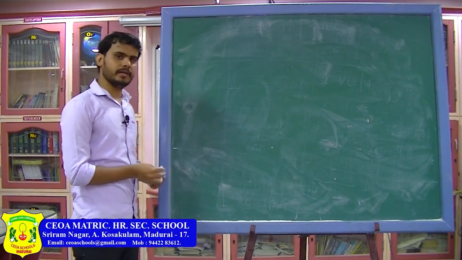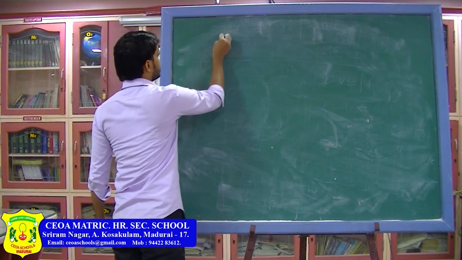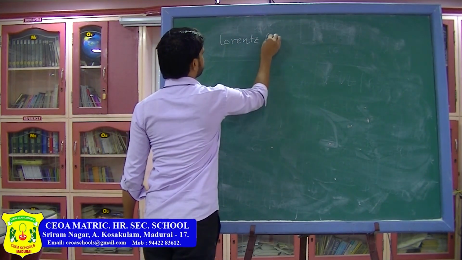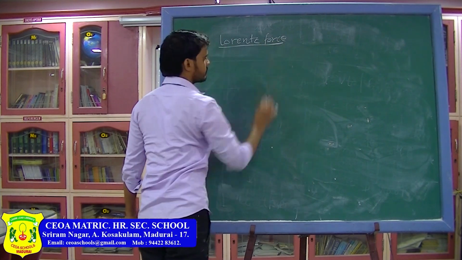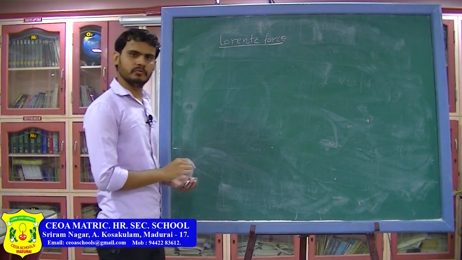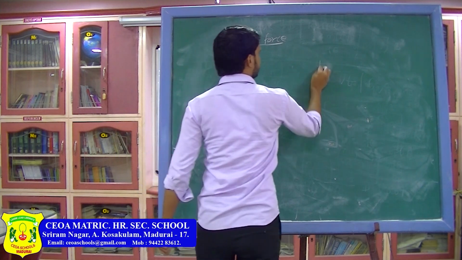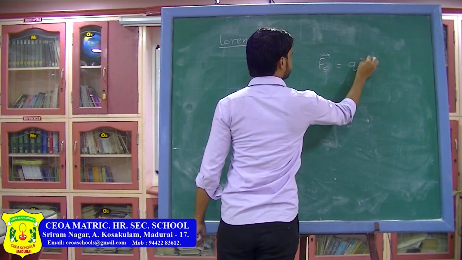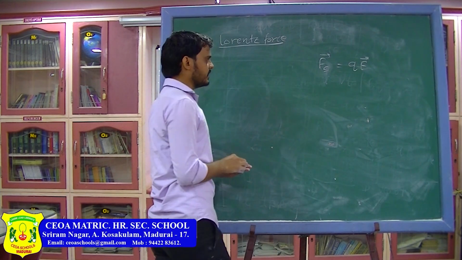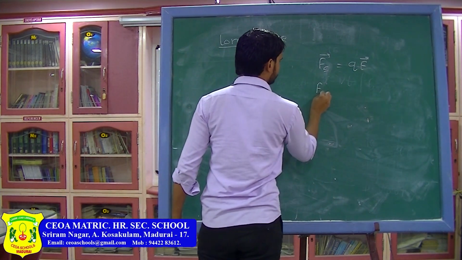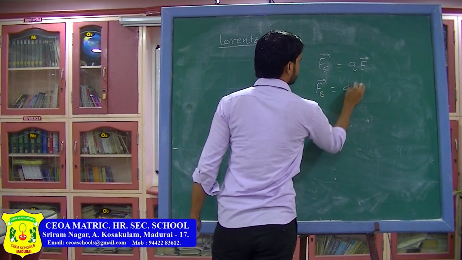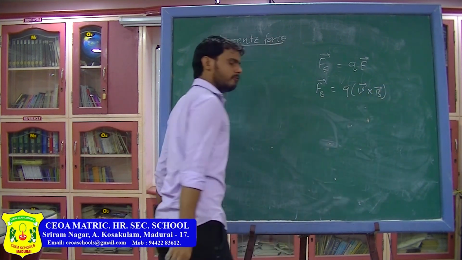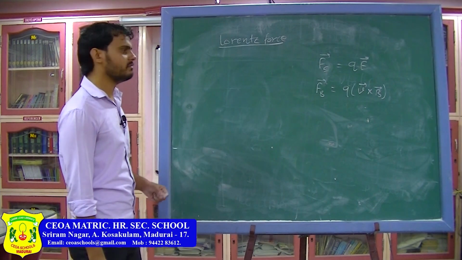So next we are going to see another kind of force, which is called the Lorentz force. As you know, if a particle is moving in an electric field, the electric force is written as Q into E. Similarly, if the particle is moving in a magnetic field, the force will be written as Q into V cross B. What if the particle is moving in an electromagnetic field?